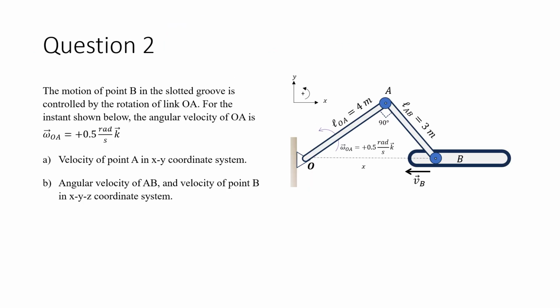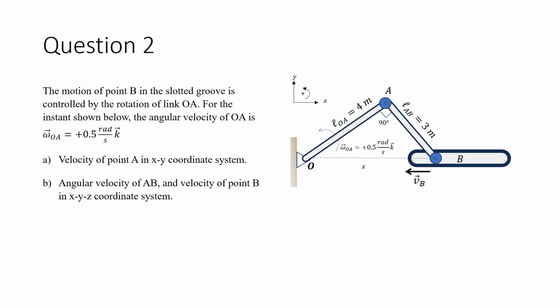Now, this is probably the more complex part of the problem. You have a linkage, which consists of an arm OA, a link AB, and B is constrained to move horizontally, left and right. You have LOA, which is 4 meters, LAB, which is 3 meters.